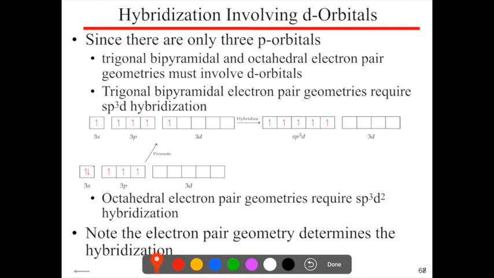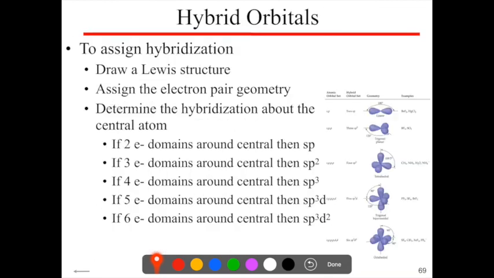So if you have 5 things bound, that's going to be trigonal bipyramidal. And to get 5 spaces, you have to mix these orbitals, an s, 3 p's, and a d, to get the arrangement that you need. Octahedral requires you to mix 1 s, 3 p's, and 2 d's.